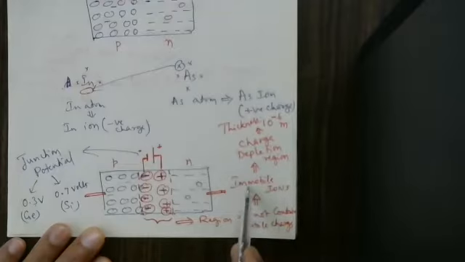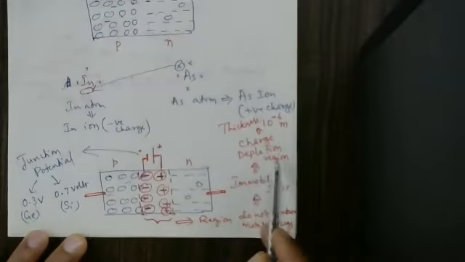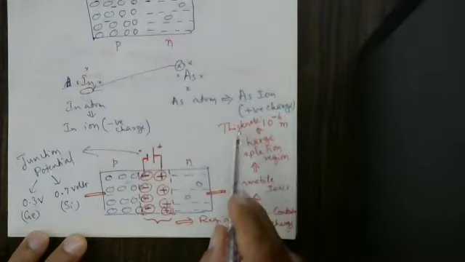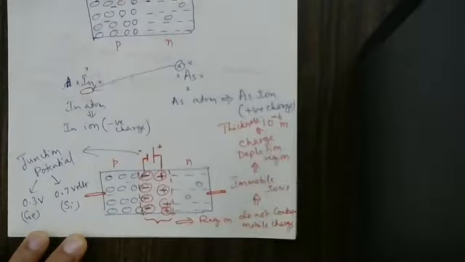It contains only immobile ions. That region is called the charge depletion region. The thickness of the charge depletion region is 10 to the power minus 6 meter.